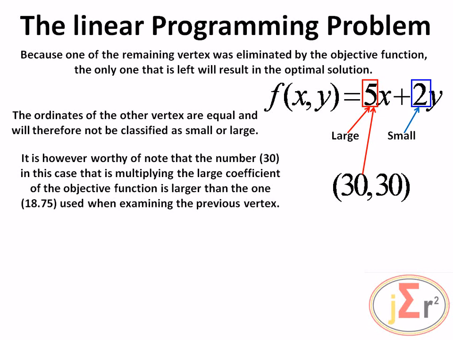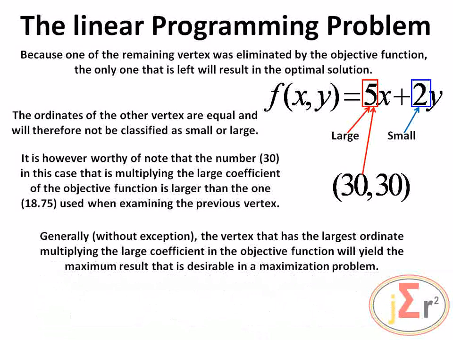So this vertex will contribute a greater value to the objective function and will be our optimal vertex. Generally, without exception, the vertex that has the largest ordinate multiplying the large coefficient in the objective function will yield the maximum result. That is desirable in a maximization problem.